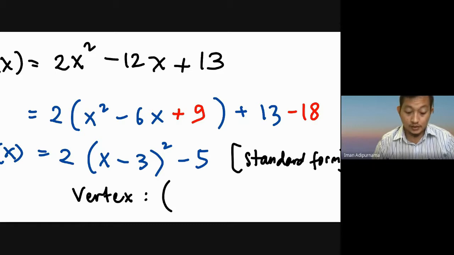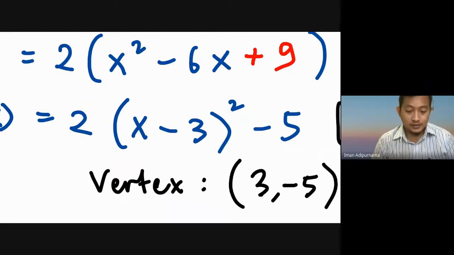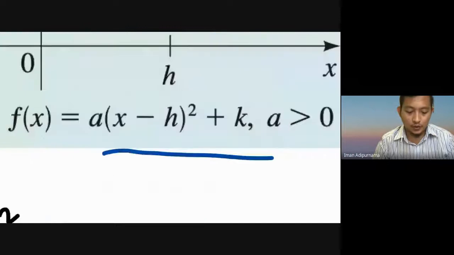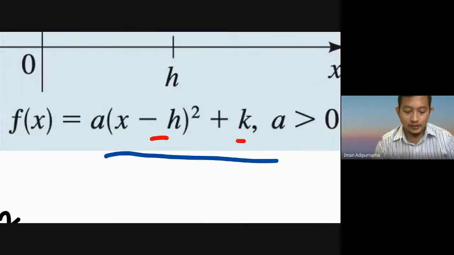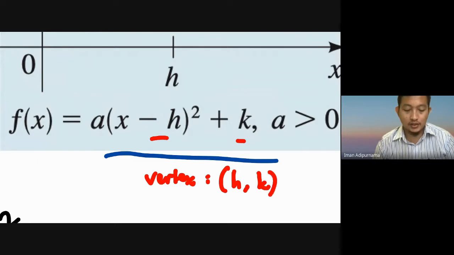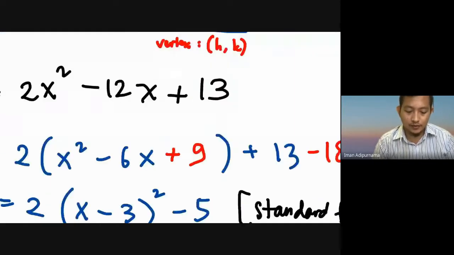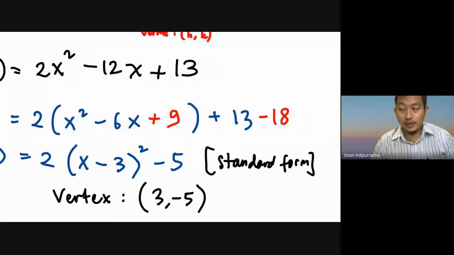The vertex is 3 and -5. Careful, you need to remember that the original equation has minus h, and the vertex is just h. So be careful with the negative sign. So it's 3 and -5, right?